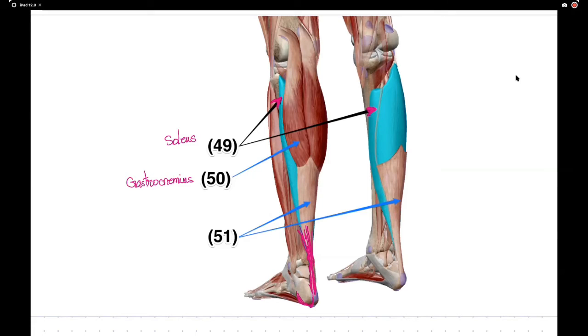Yeah, calcaneal tendon or Achilles tendon. Achilles because of the Greek mythology story that you all know about. All right, this is my calcaneal or Achilles tendon.